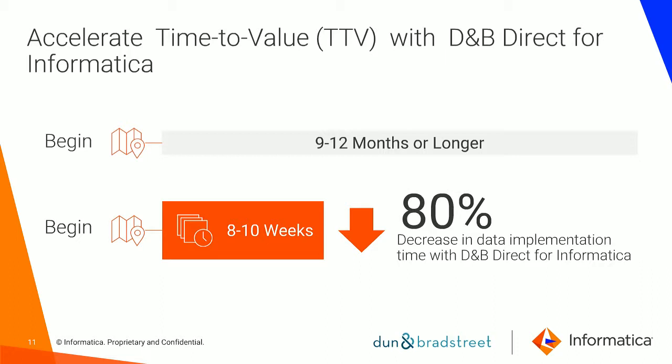With what we're talking about here today, that 9 to 12 months shrinks by 80%, down to 8 to 10 weeks. This is important because it dramatically accelerates time to value, and end customers are able to realize the value of the Dun & Bradstreet and Informatica integration much sooner than if they were to build this themselves.